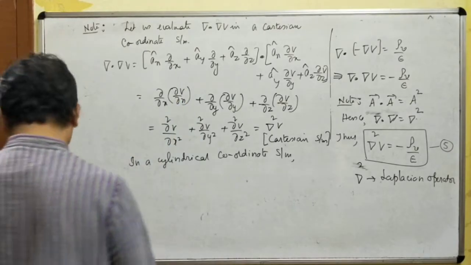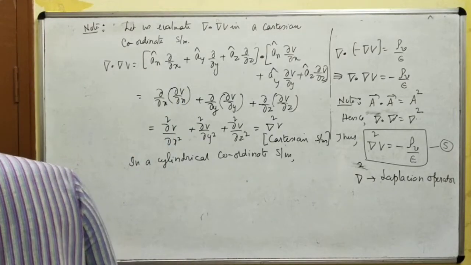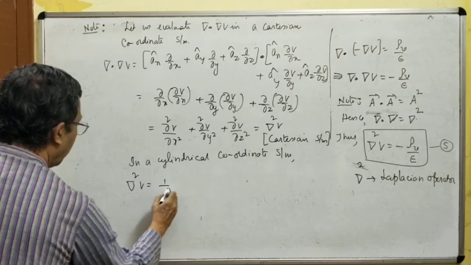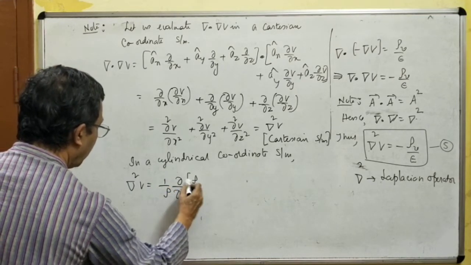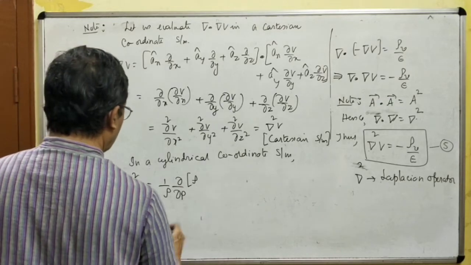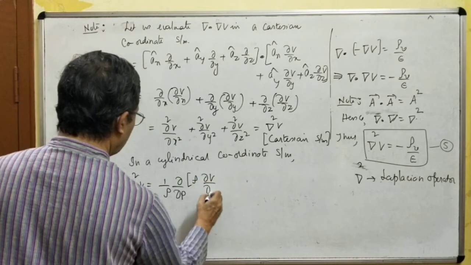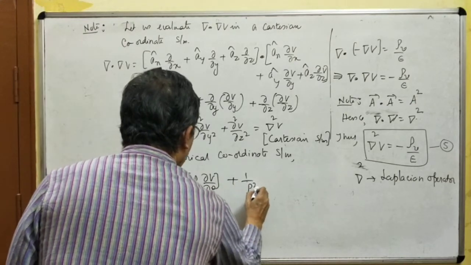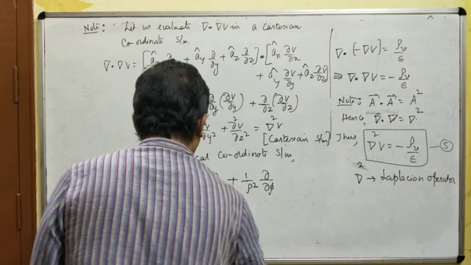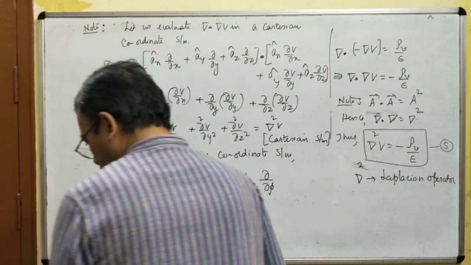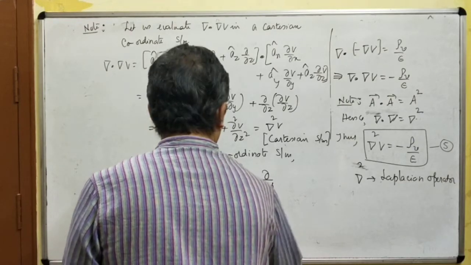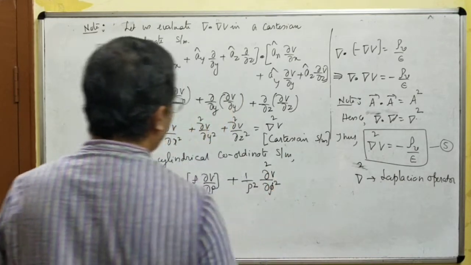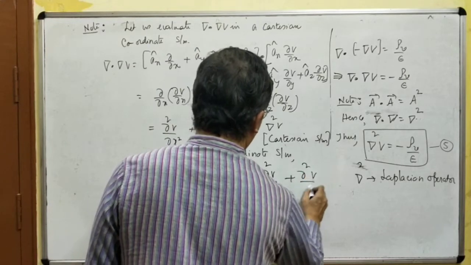In a cylindrical coordinate system, the coordinates are rho, phi and z. The expression is del square V equal to 1 by rho dou by dou rho operating on rho into dou V by dou rho, plus 1 by rho square dou square V by dou phi square, plus dou square V by dou z square.